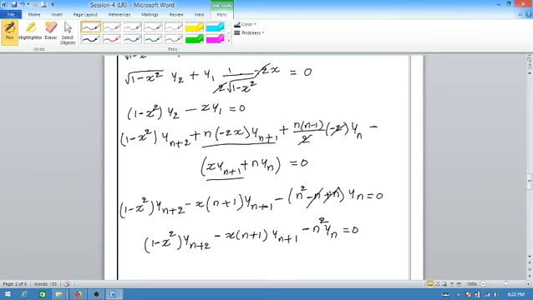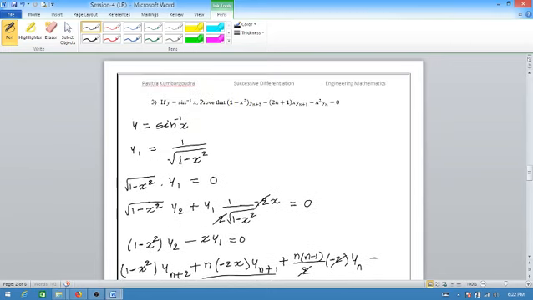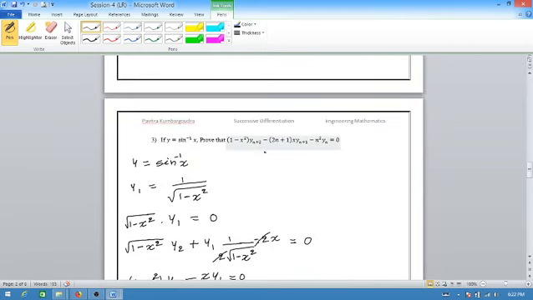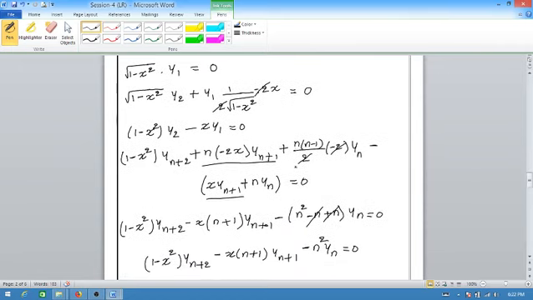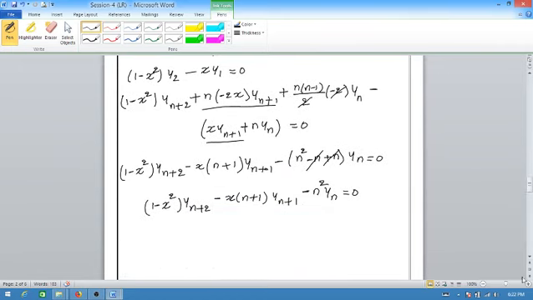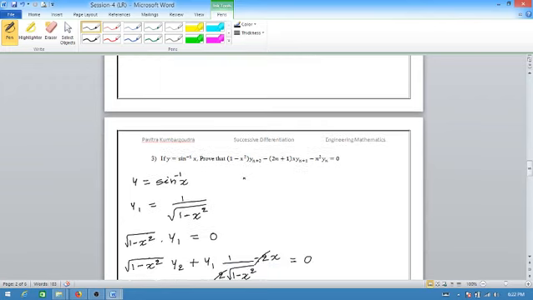Let me check the solution, is the same or not. 1 minus x square yn plus 2 minus 2n plus 1. See here, 2 I have missed here, correct? 2x, 2 is there. So this is 2n, right. So this is 2n and this is also 2n. 2n plus 1 x yn plus 1 minus n square yn. So this is the solution.